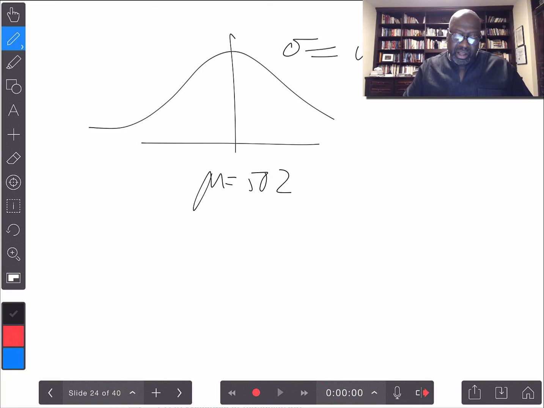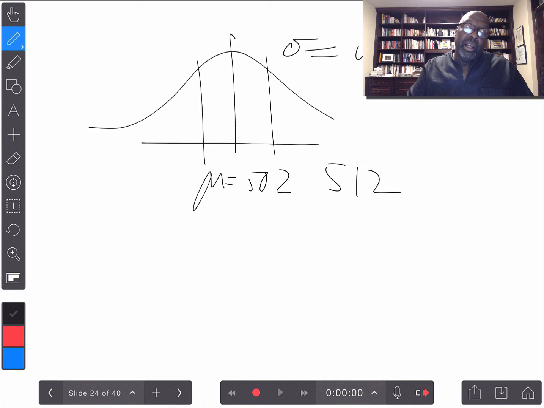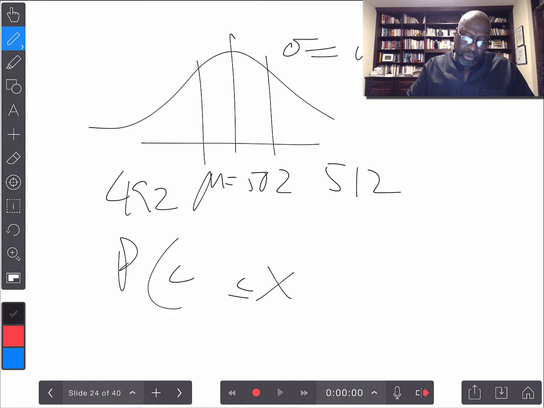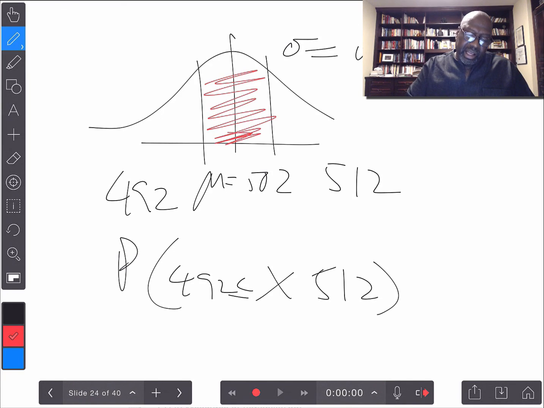And so within 10 points, here and here. So 10 points would basically take us to 512. If we subtract 10 points, it would be 492. So you want the probability of X bar being between 492 and 512. And we could certainly go ahead and calculate that, just like I've demonstrated.